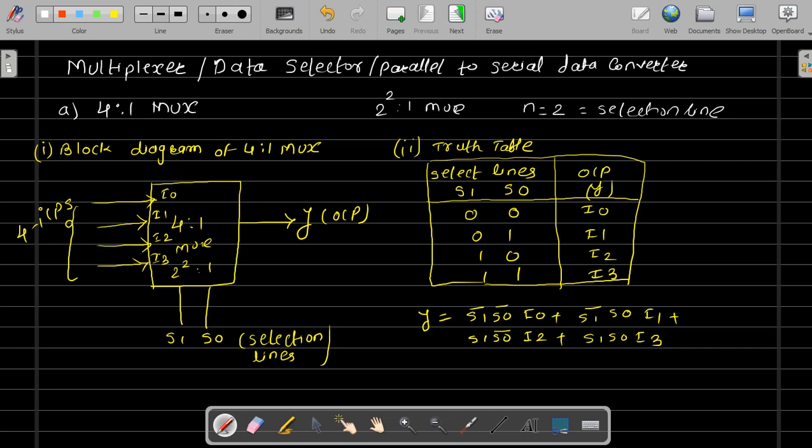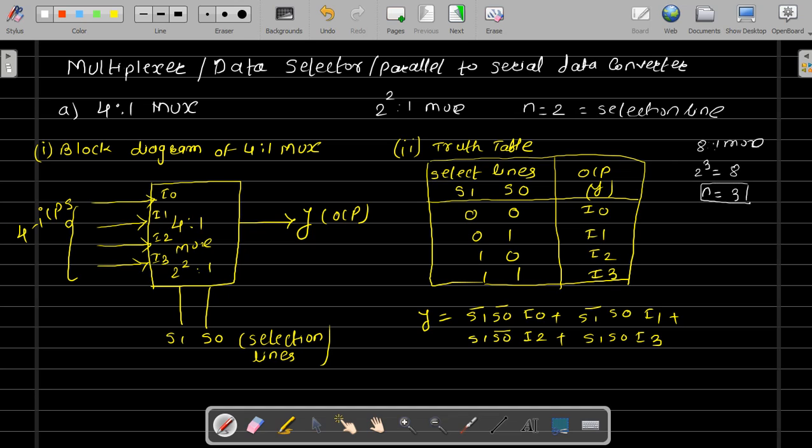That means if I say 8:1 mux, you can derive how many selection lines are required. To get 8, we need 2 power 3, so n, the number of selection lines, is equal to 3, and so on.